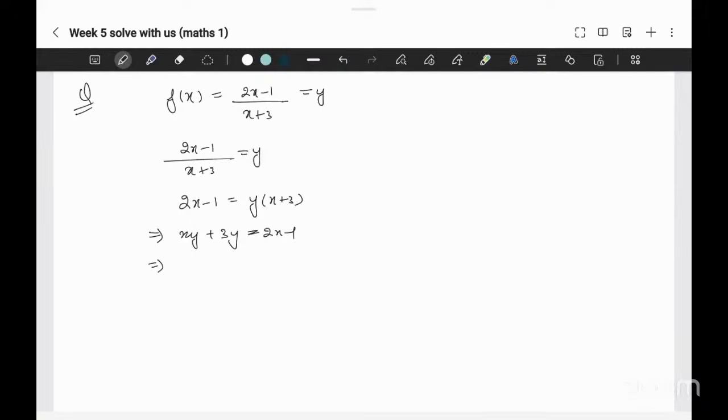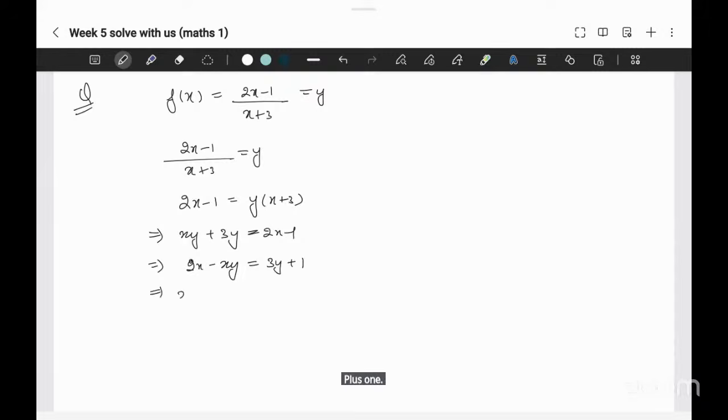Now take the x terms to one side. So let's take it this way: 2x minus xy equals 3y plus 1.